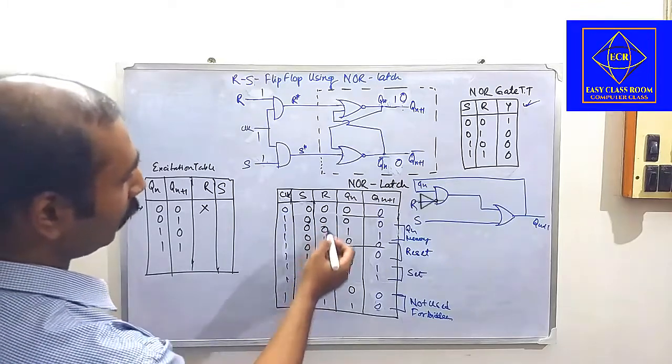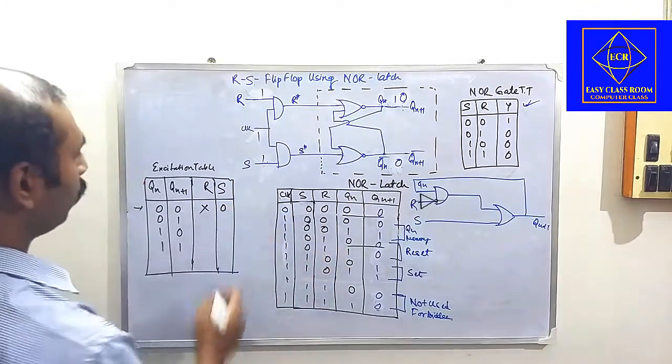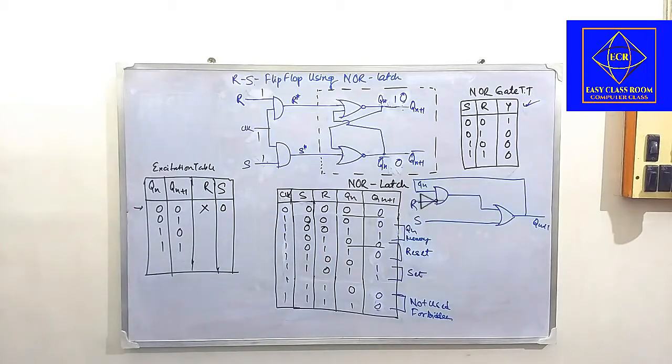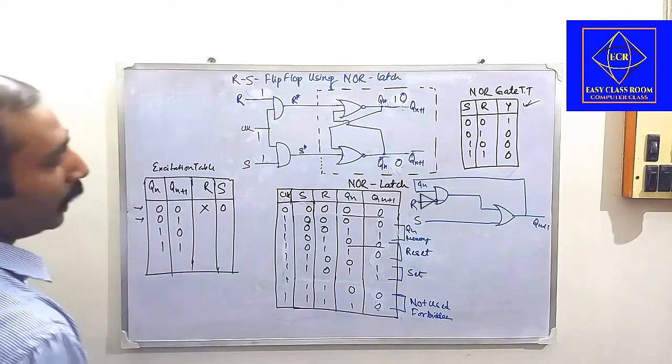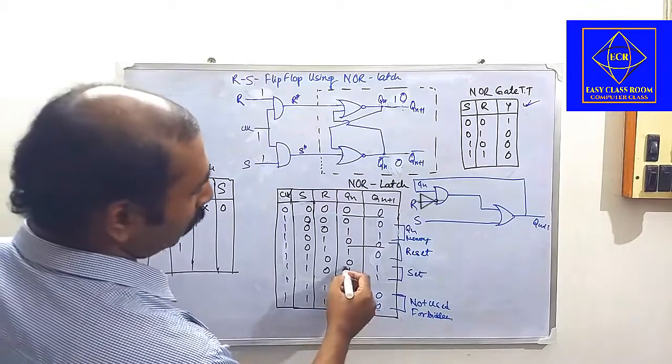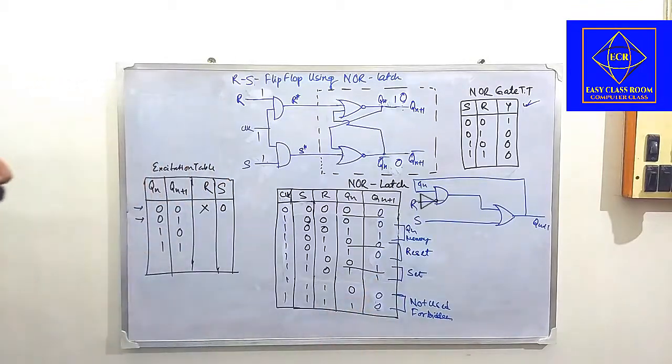R is changing, S is not changing, so we can put a 0 over here. So here 0, 1. What is 0, 1? This is the particular set where it is 0, 1.